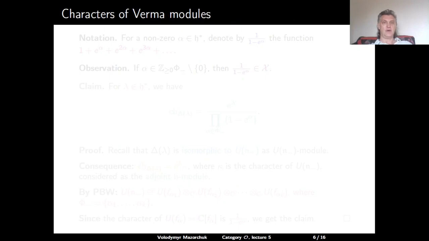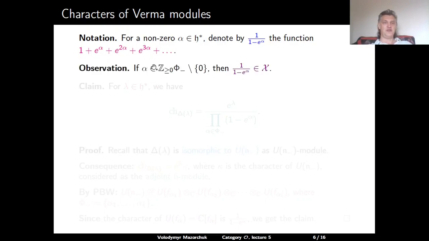So let us now pay closer attention to characters of Verma modules. For a non-zero weight alpha, let us denote by 1 divided by 1 minus the exponent of alpha, the function 1 plus the exponent of alpha plus the exponent of 2 alpha plus and so on.